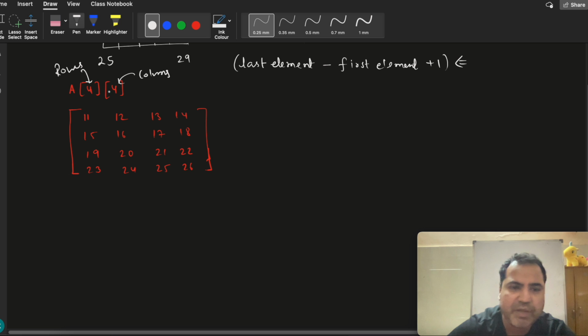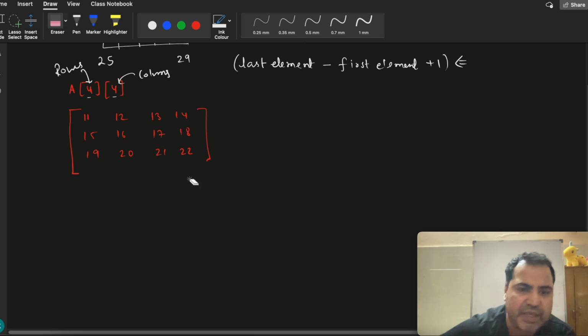It should not always be a square matrix. You can write 4 cross 3 also. Let me make it 3 cross 4, that is 3 rows and 4 columns.